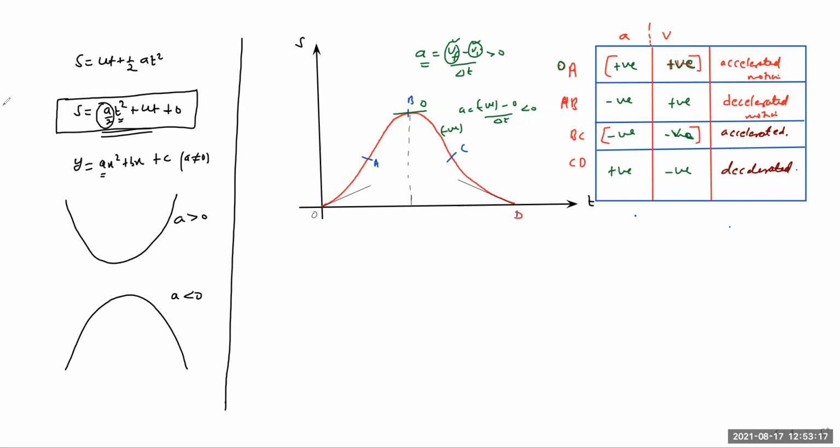The final slope, compared to the initial, is smaller, so the difference will be negative, and therefore A is negative. Similarly, you can think of B to C also. B is 0, finally it is negative, so it is negative. And C to D is negative, negative, but the final negative is very small compared to the initial negative, so it turns out to be a positive number. So you need to learn how to subtract the numbers.